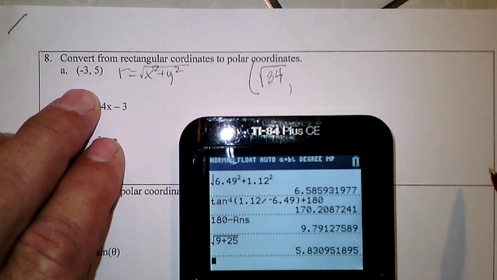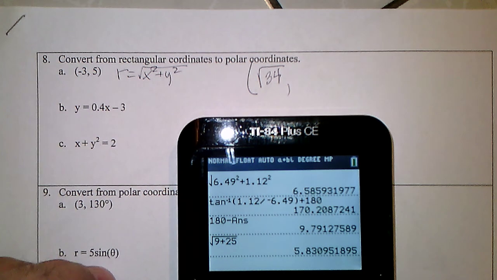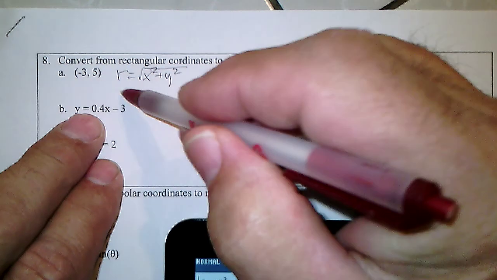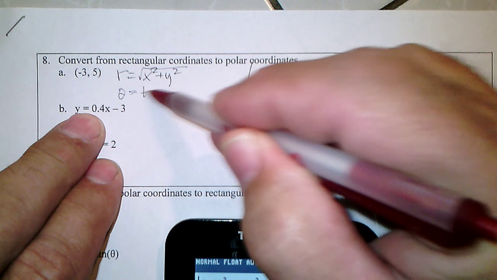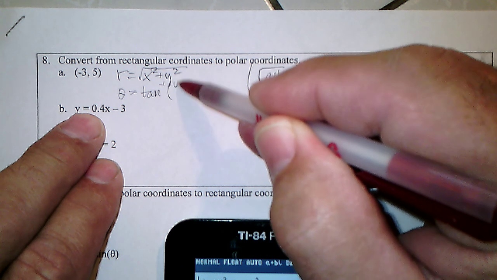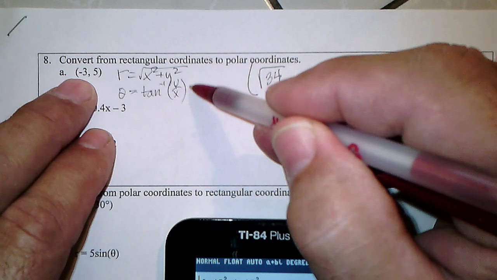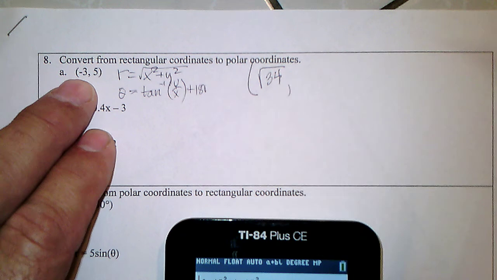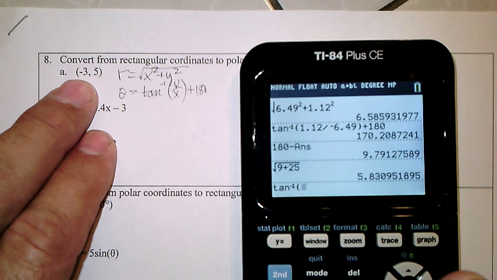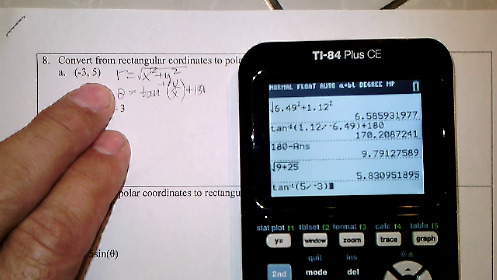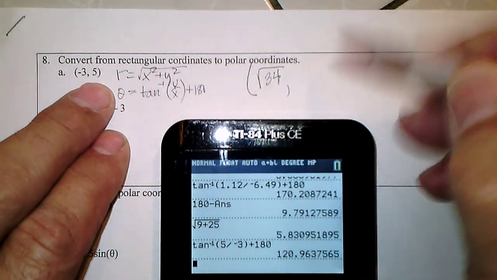And then the angle is tangent inverse of y over x, and plus 180 if x is negative, which it is. So we have to do tangent inverse of 5 divided by negative 3, and then plus 180. And we get 120.121 basically.